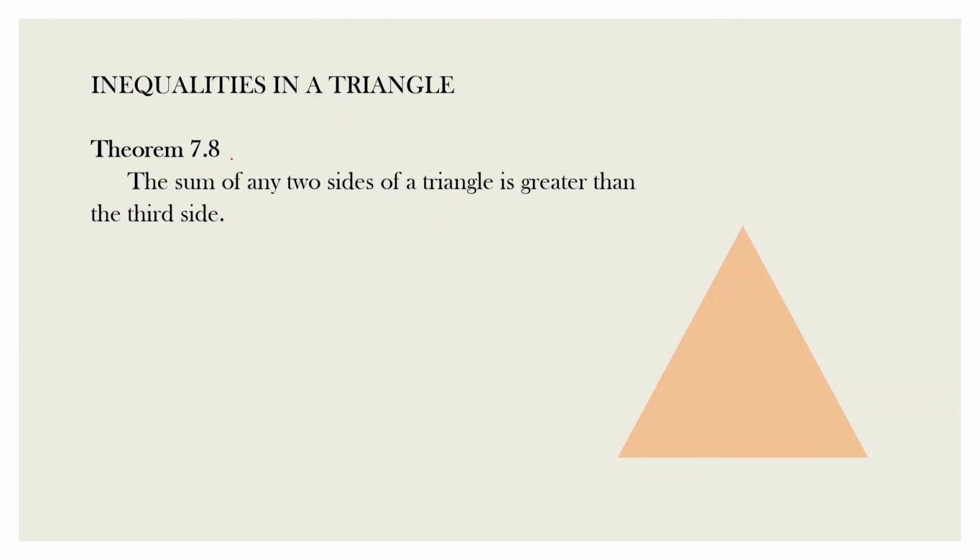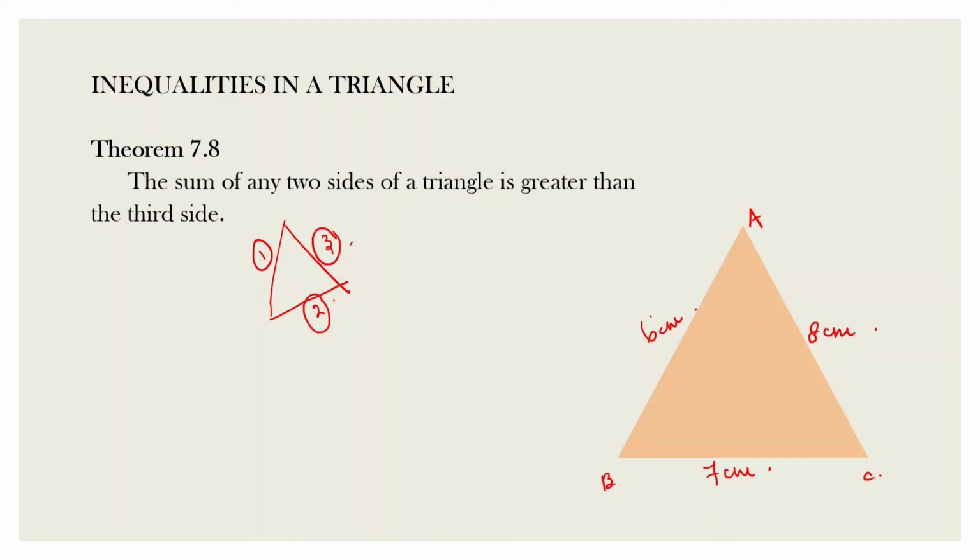Theorem 7.8: The sum of any two sides of a triangle is greater than the third side. In any triangle, we know that a triangle has three sides. When you add any two sides of the triangle, it will always be greater than the third side. Let's look at an example. In triangle ABC, let's say that side AB is 6 cm, side BC is 7 cm, and side AC is 8 cm.